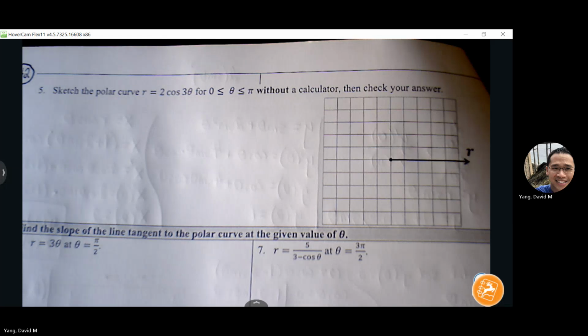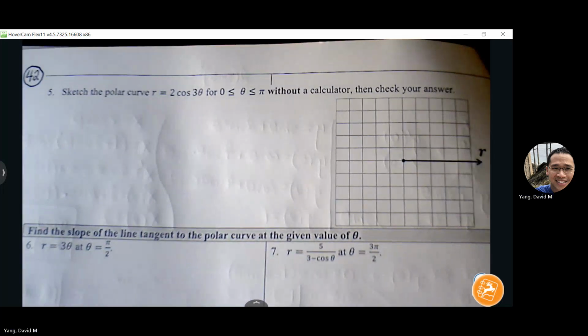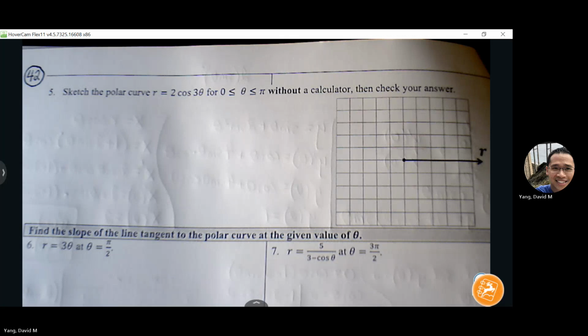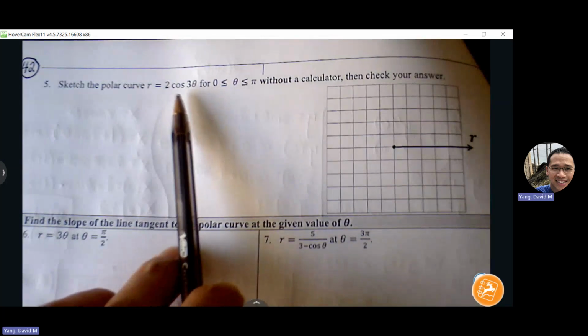Okay, number 5 on page 42. It says sketch the curve without a calculator.